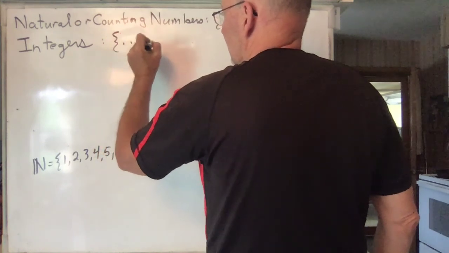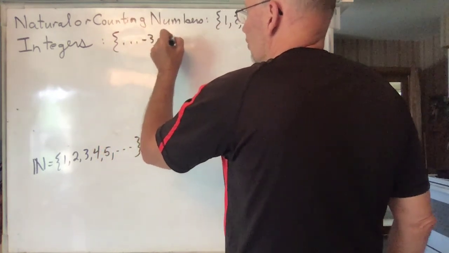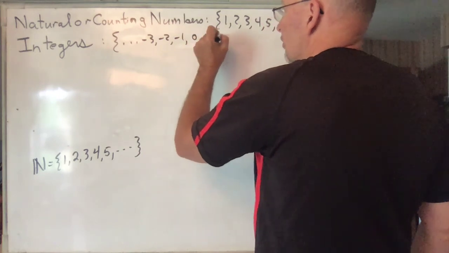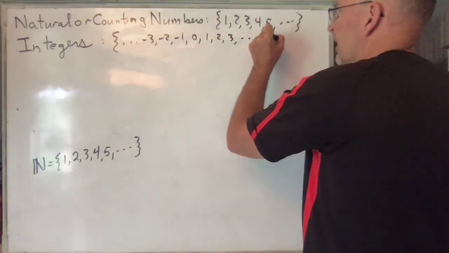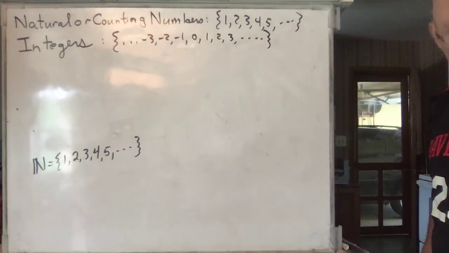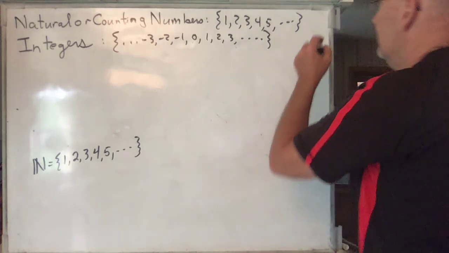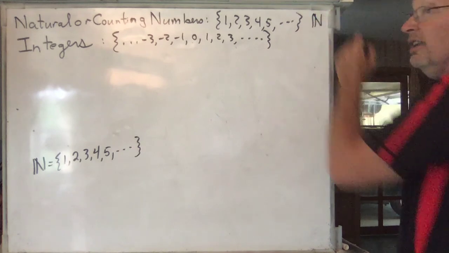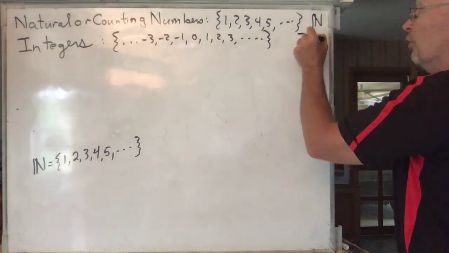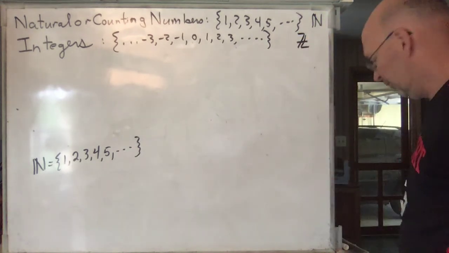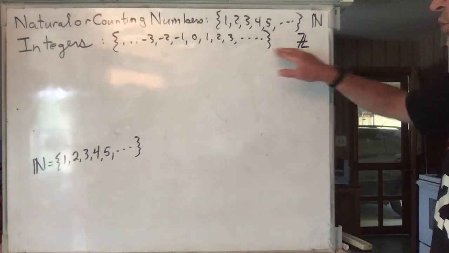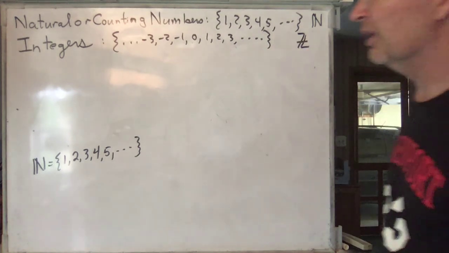Dot, dot, dot, -3, -2, -1, 0, 1, 2, 3, dot, dot, dot, like that. So there's the set of integers. And by the way, this is denoted with an N, like that. This is denoted with a Z. I think the reason is because this comes from a German word meaning number, as I'm told.